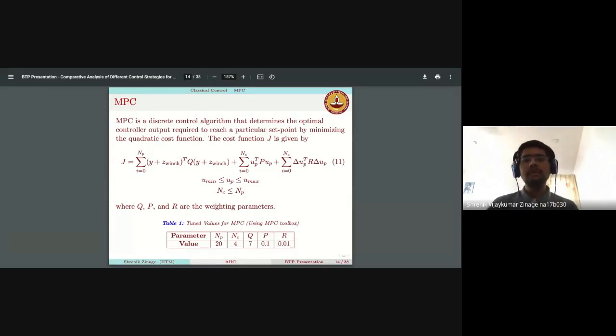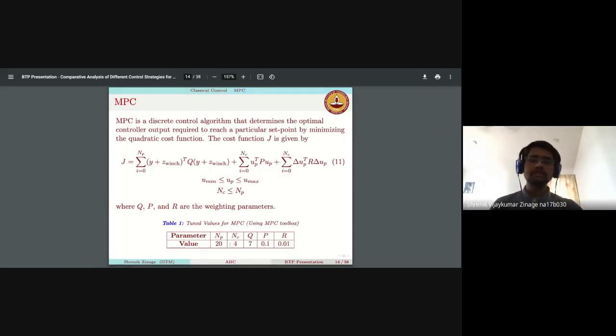And the NP and NC that I chose were 20 and 4. In most practical applications, it's suggested to choose NC as 20% of NP. So NP was set as 20 seconds, and NC would be around 20% of NP. That's why I set it as 4.